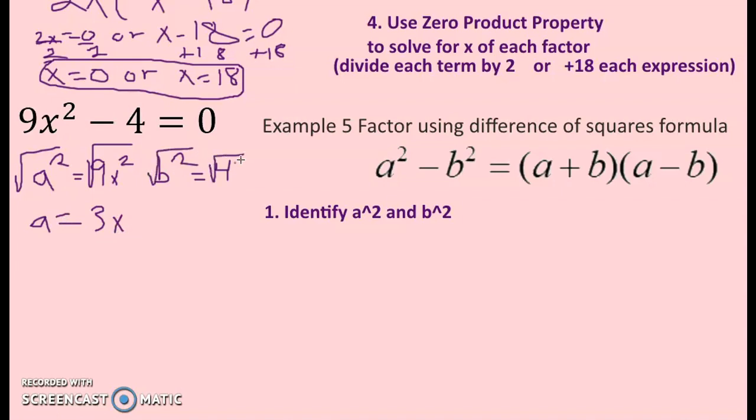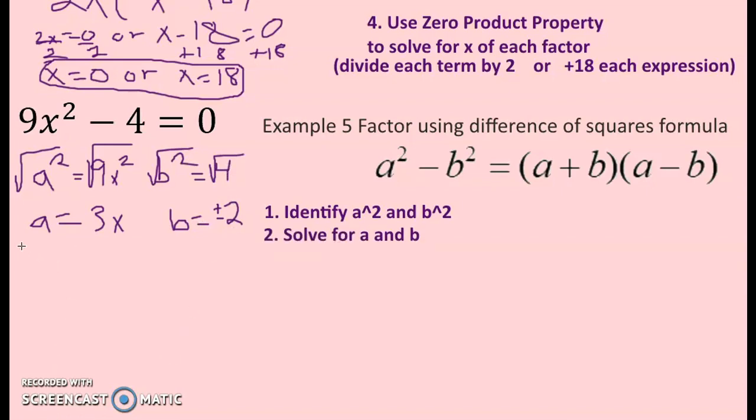Square root both sides. B equals 2. And we'll put plus or minus 2. Whenever you find a number and you square root it, you can have a positive or negative answer, because 2 times 2 is 4, and negative 2 times negative 2 is also 4.